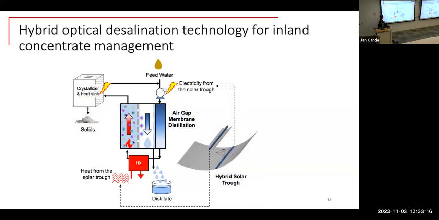Okay, and so this is a schematic of our membrane distillation system integrated with a combined hybrid solar trough. I'll get into more detail on this, but this is a concentrated solar trough, so it's a parabolic trough. Here we have our thermal collector, and in the middle of this trough, we have an array of photovoltaic cells.